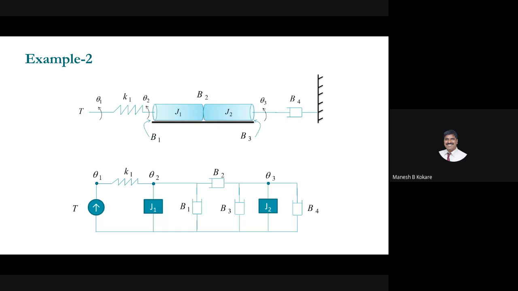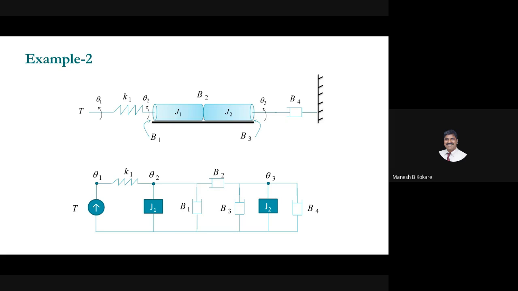This will be the nodal equation or force equilibrium equation at node 1. Then at node 2, what will be the equation? Total incoming torque is from this side, and total outgoing torque is this one, as well as this one, and so on, right?